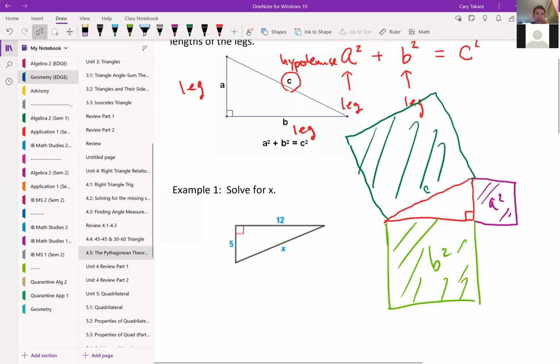If you add the purple area, a squared, and the light green area, b squared, those two squares combined are going to be equal to the big green square. Okay, that's what the Pythagorean theorem is.